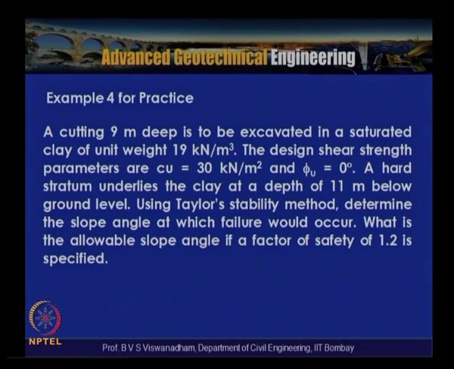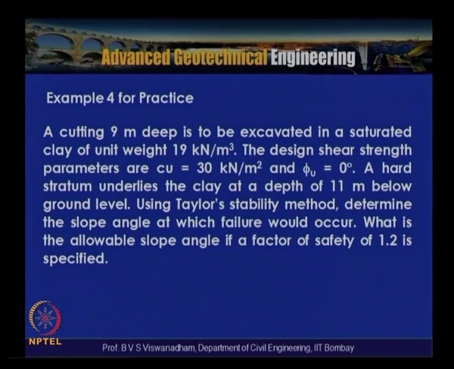A hard stratum underlies the clay at a depth of 11 meters below the ground level. Using Taylor's stability method, which we have discussed earlier, determine the slope angle at which the failure would occur, and what is the allowable slope angle if a factor of safety of 1.2 is specified.